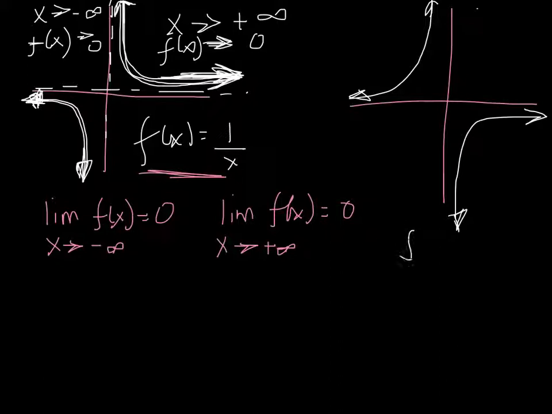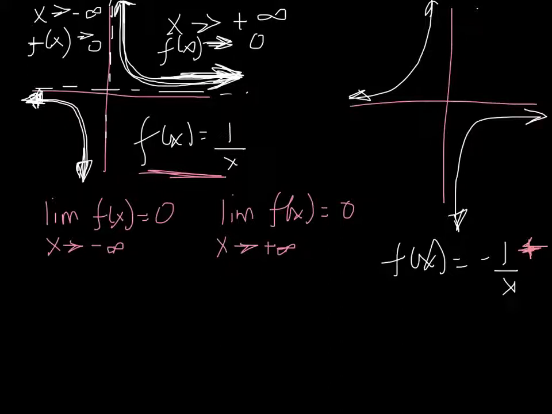This is the equation f of x equals negative 1 over x. That's where my leading number right here, my a value, is negative. It reflects it over the, actually reflects it over the x-axis. Okay, so, but I'm going to write the limit notation.